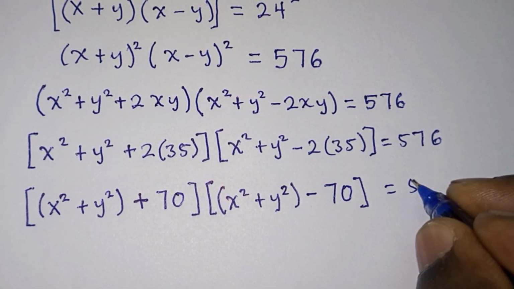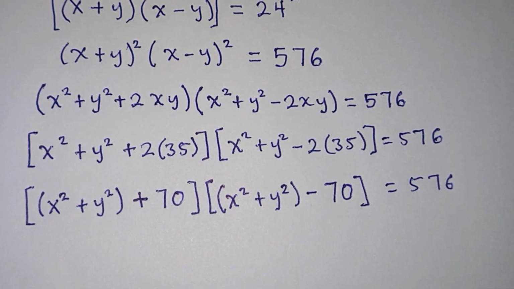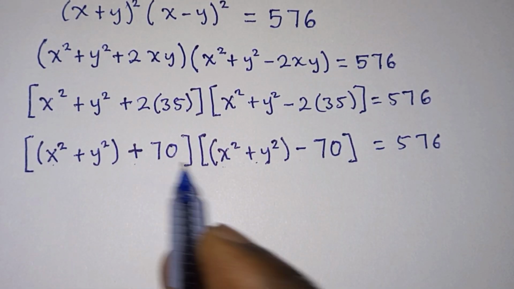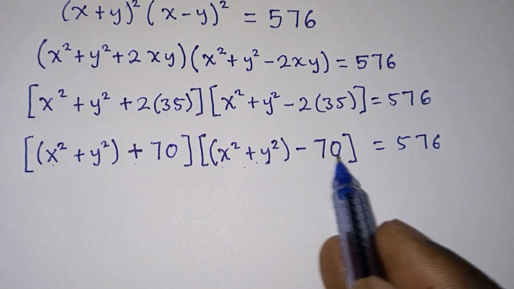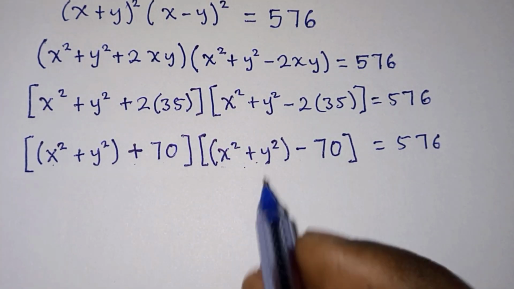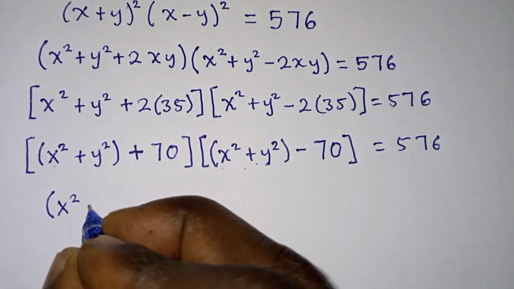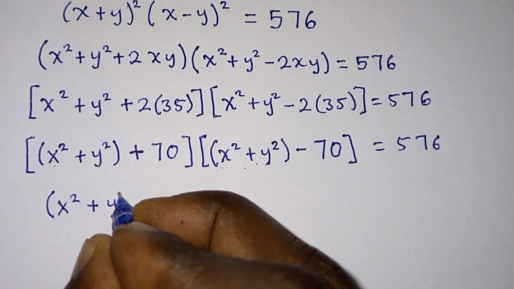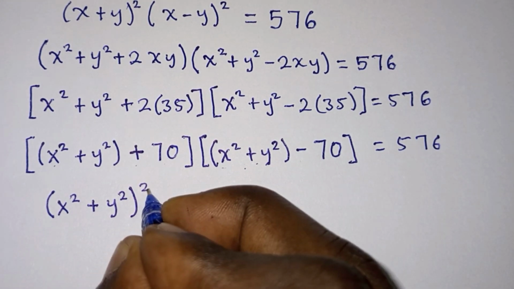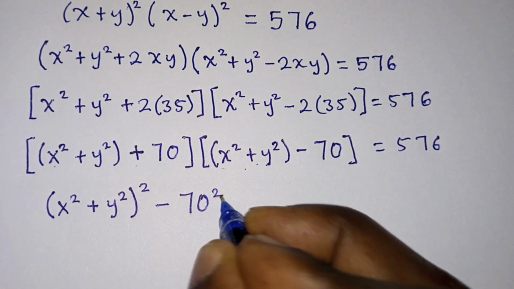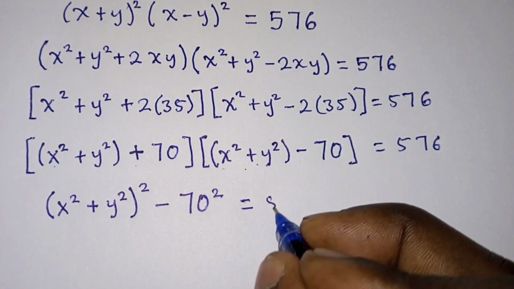And this is equal to 576 as always. Now we have x squared plus y squared plus 70, x squared plus y squared minus 70. So this is a difference of two squares, which could be written as x squared plus y squared all squared minus 70 squared. And this is equal to 576.